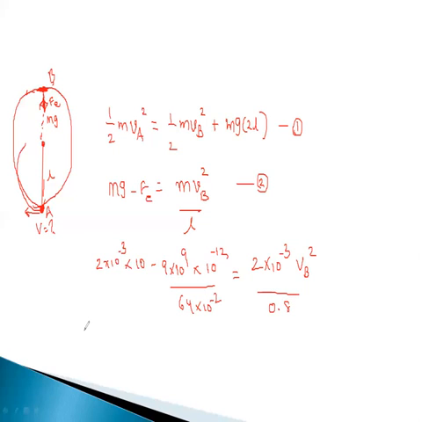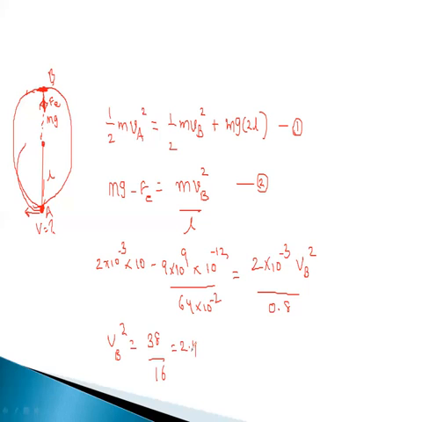By solving this particular equation, you finally will get, of course, I will solve this, 2 into 10 power minus 2. Finally, just try to solve that. And the answer is nearly vB square is 38 by 16, that is nearly 2.4 something.